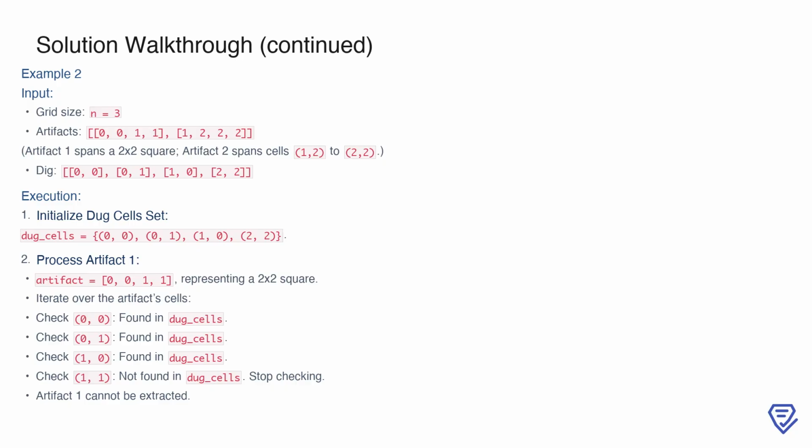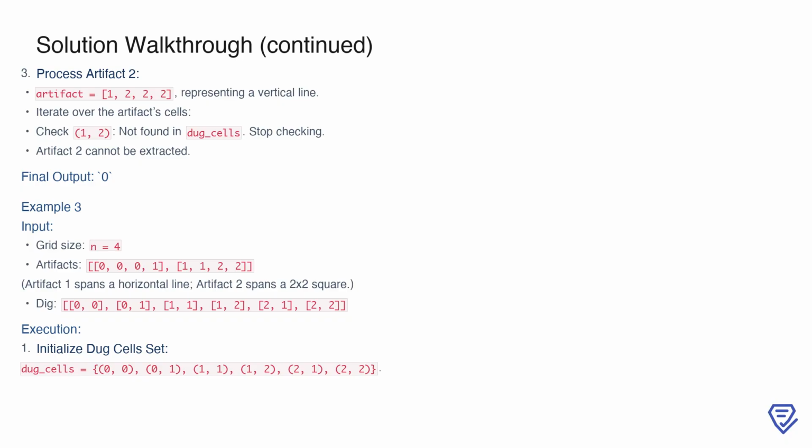We begin by converting the list of dug cells into a set for efficient lookup, resulting in the set 00, 01, 10, 22. Starting with artifact 1, we iterate through its cells. The top left cell, 00, is in the dug cell set, as are 01 and 10. However, when we check 11, it is not in the dug cell set. Since not all cells of artifact 1 are dug, it cannot be extracted.